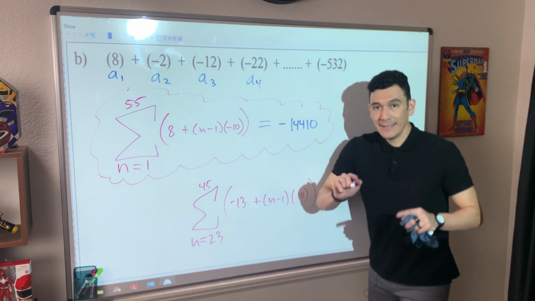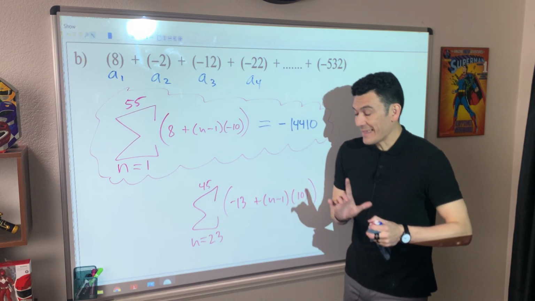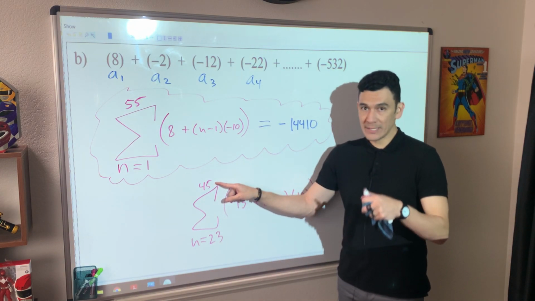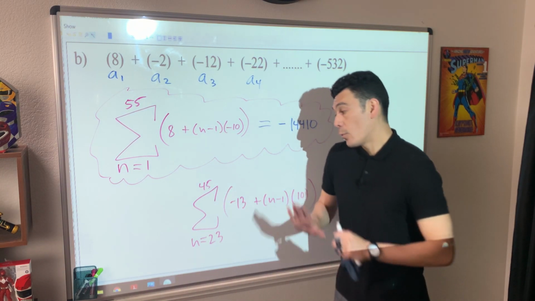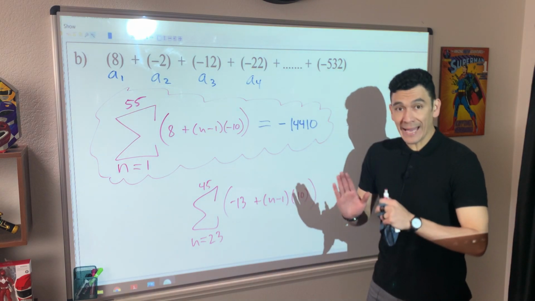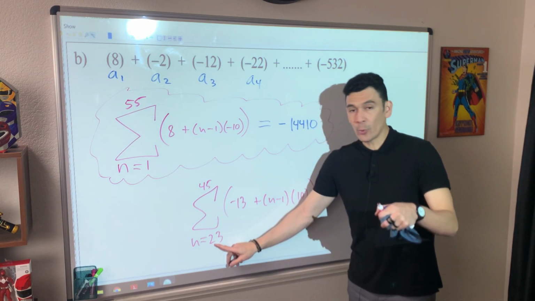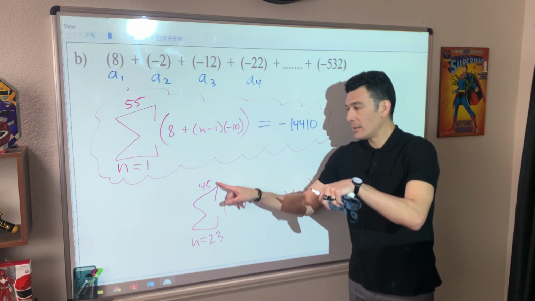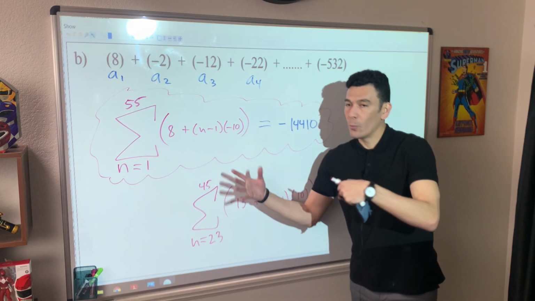So this does not mean that we're adding 23 plus 24 plus 25 all the way to 45. Nuh-uh. What this is saying is we're adding together beginning at the 23rd term, whatever that is, all the way up to the 45th term, whatever that is.